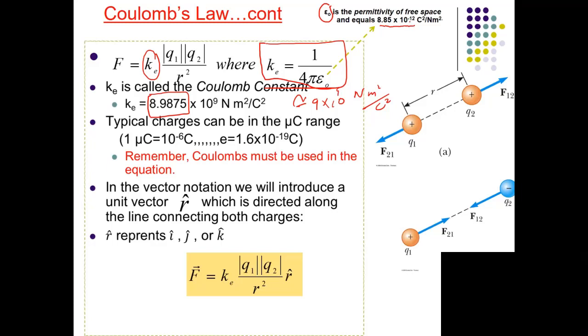You should never memorize these values. So what's the meaning of this permittivity of free space? It is a measure of how much free space allows us to accumulate charge inside it.